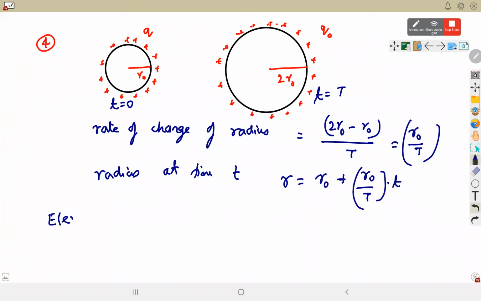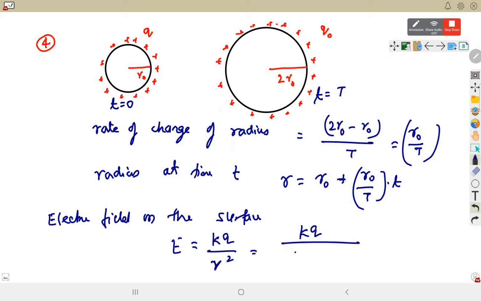Then electric field on its surface. Electric field on the surface of any solid or hollow sphere is just kq by r square, or we need to substitute this as r naught into 1 plus small t by capital T whole square.